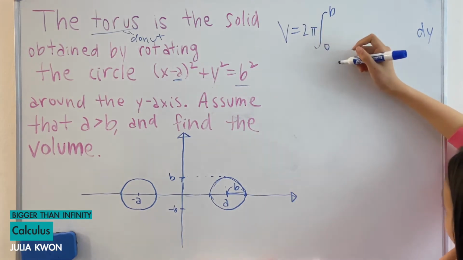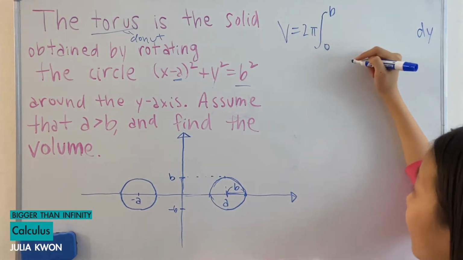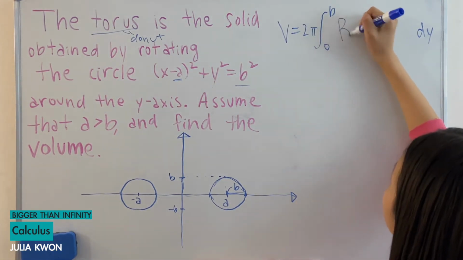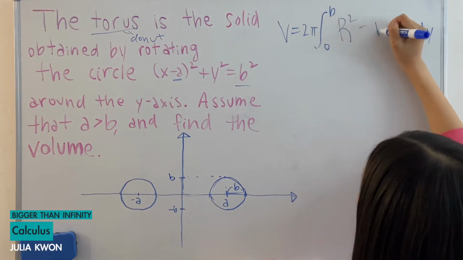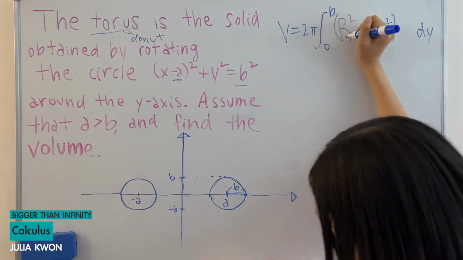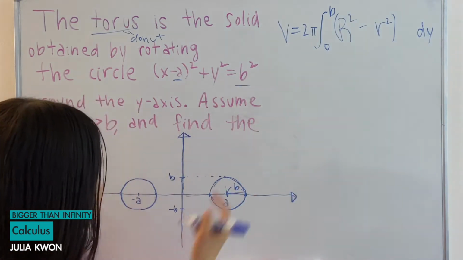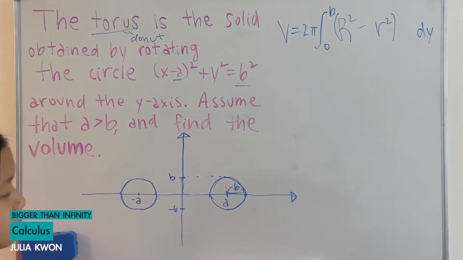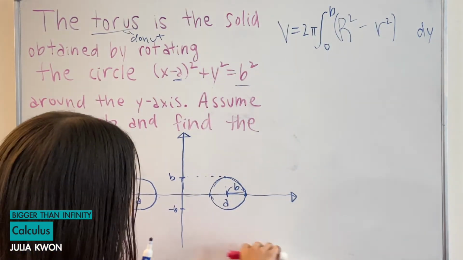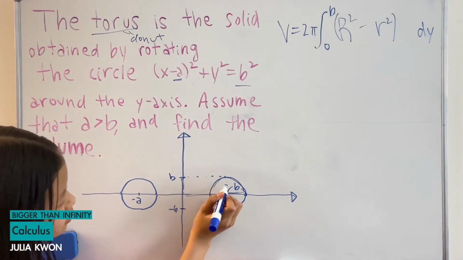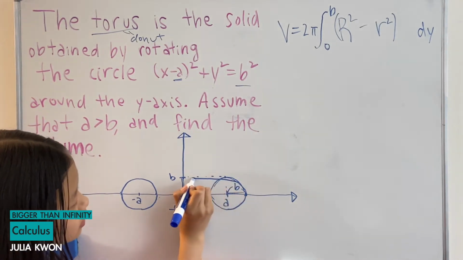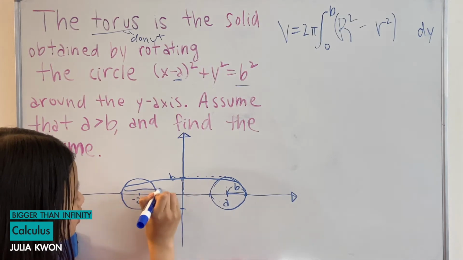And inside the integral, we would have capital R squared minus r squared. And the capitalized R is the radius of the bigger circle. The bigger disk would be this.